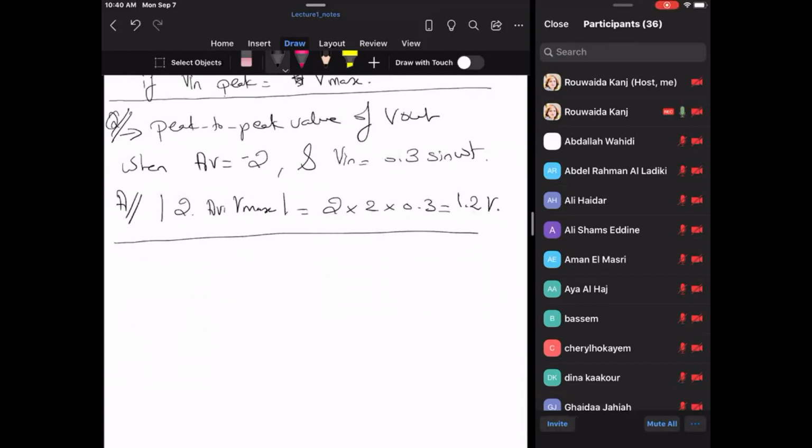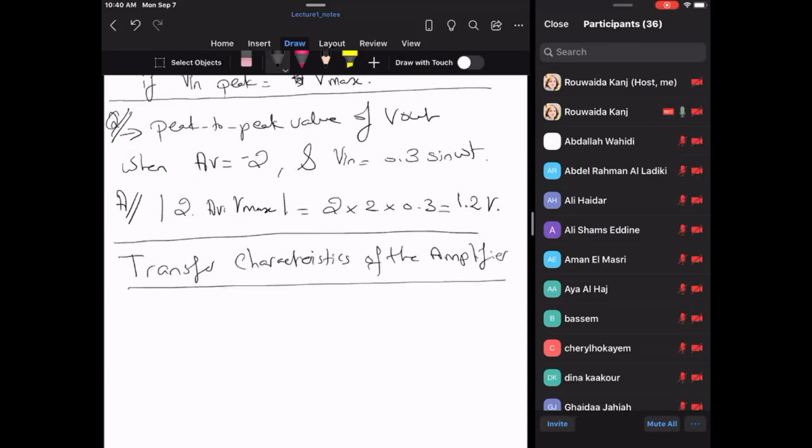Now that we have seen the signal as a function of time, a very important characteristic function that we look at is the transfer characteristics of the amplifier.